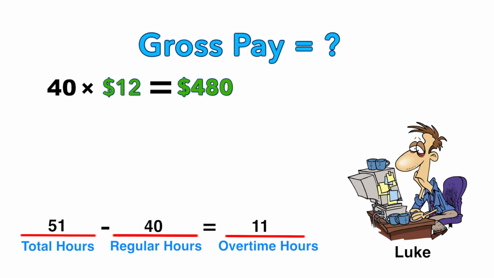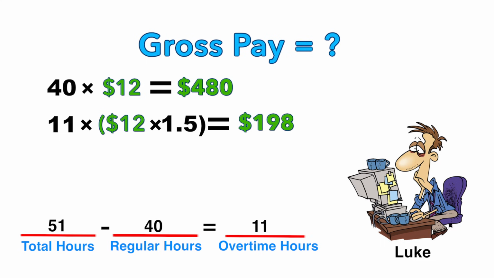That gives us $480. Then we'll take his overtime hours and multiply them by his regular rate of pay, $12, and then increase it by 1.5 times by multiplying by 1.5. So 11 times 12 times 1.5 is 198.